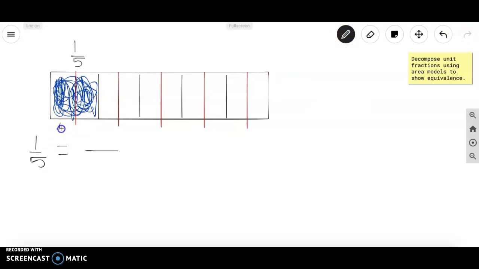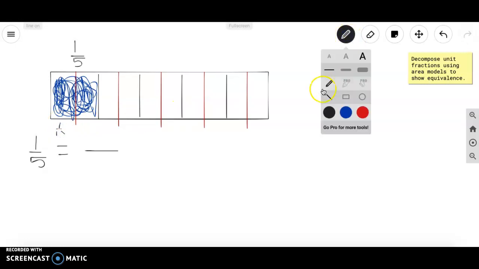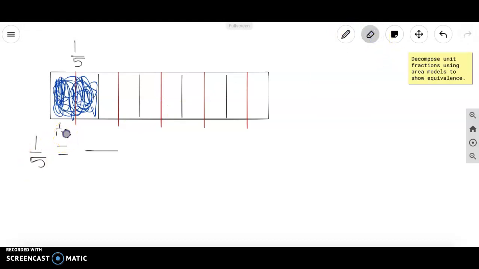So I have 1/10 here, and I have 1/10 here. So total I have 2 tenths. And you can see that it's shaded in the same amount of area for these pieces. So my 2 tenths is actually equivalent to 1/5.